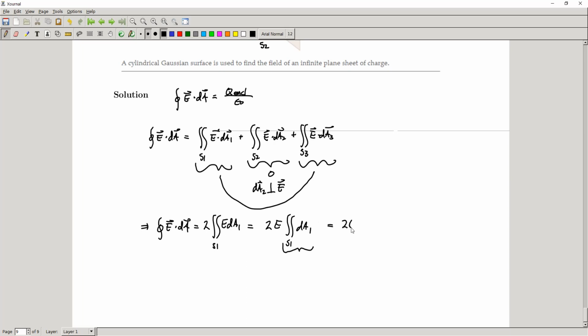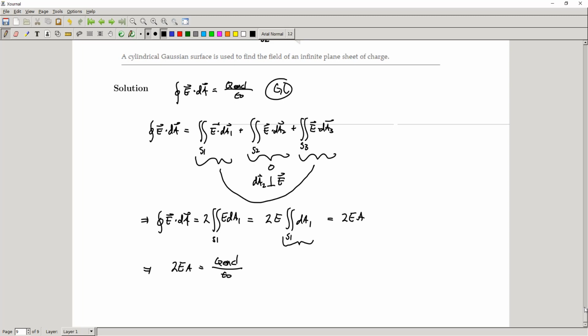And so we just end up with 2EA, okay? Substituting this back into our original equation up here, into our Gauss's law, we're going to find that we have 2EA is equal to Q enclosed over epsilon naught, right?